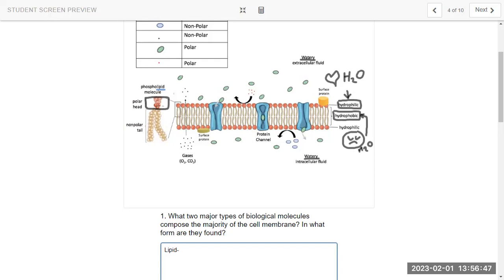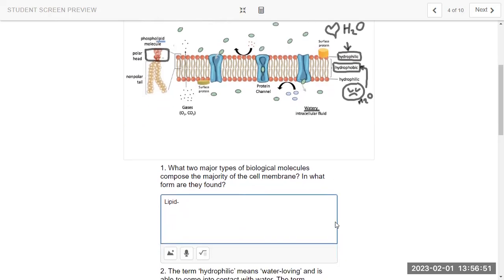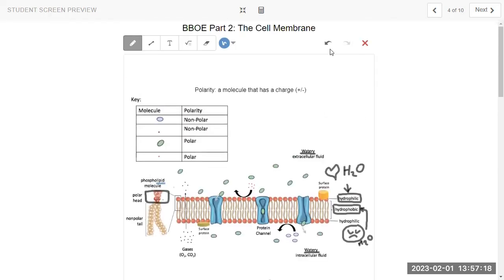According to Google, I like sentences that start that way. Lipids are just fats. Okay, so lipids are fats. Same thing. Don't let anybody tell you that fat isn't important. We all need fat. Problem is having too much. Too much of anything is not good. But we do need fat. That's what covers our cells. They're made out of fat. That's what gives us this nice lipid bilayer.